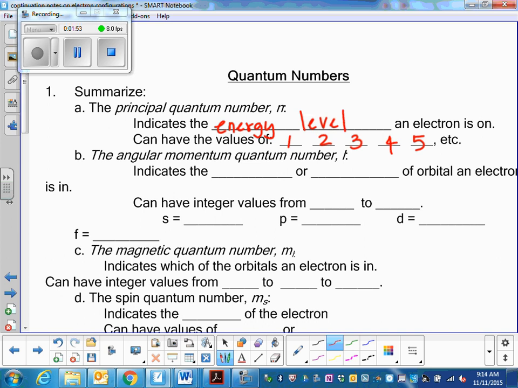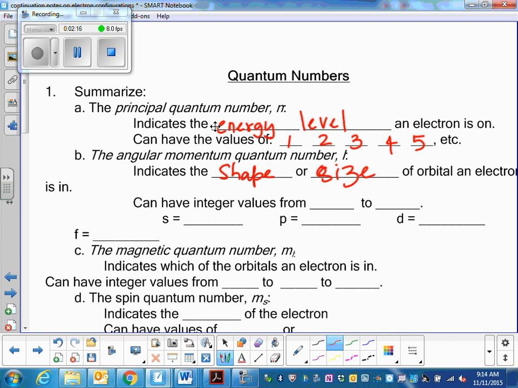Those are the possible values for L. And he called L the angular momentum quantum number, and it indicates the shape or size of the orbital an electron is on.